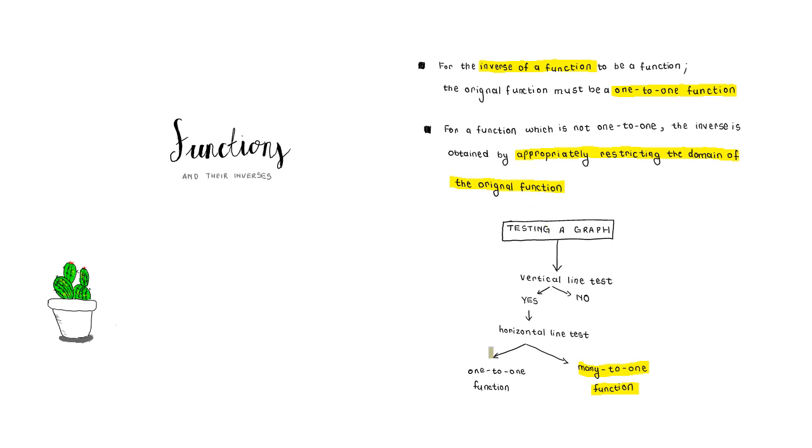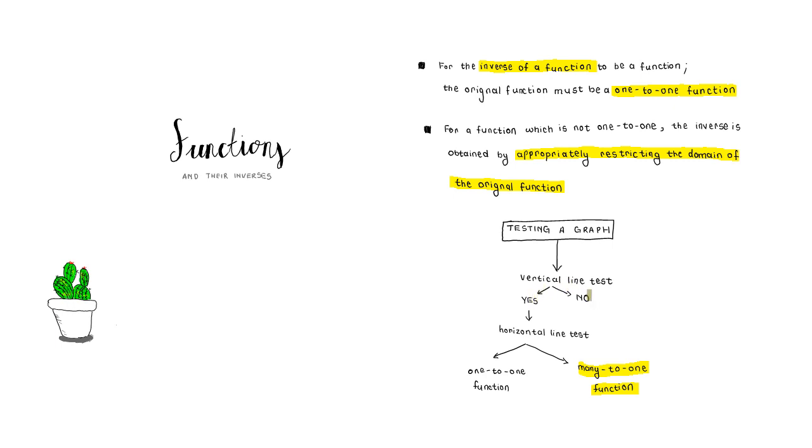Now, if you're given a graph, first of all, we're going to ask ourselves, using the vertical line test, whether the graph is a function or not. The vertical line test answers the question, is this a function?